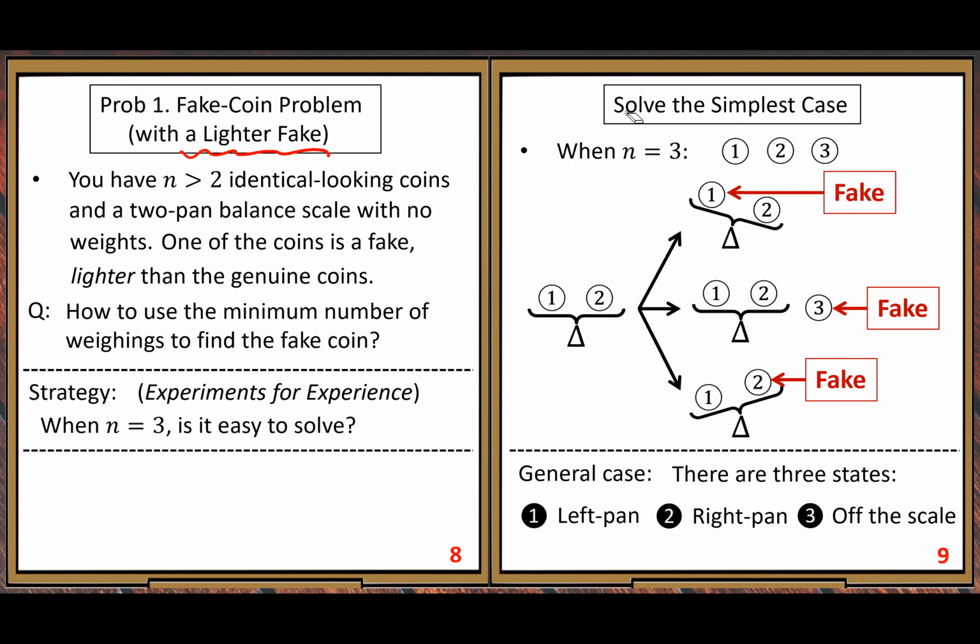But when we have freedom to distribute all the coins in these 3 different states, the question is, what is the best way to make the distribution? Think about that, because we have a lot of different ways. What is the best way?